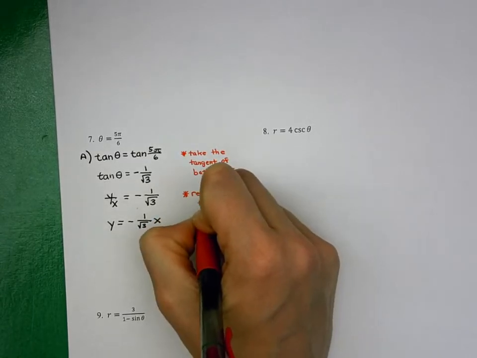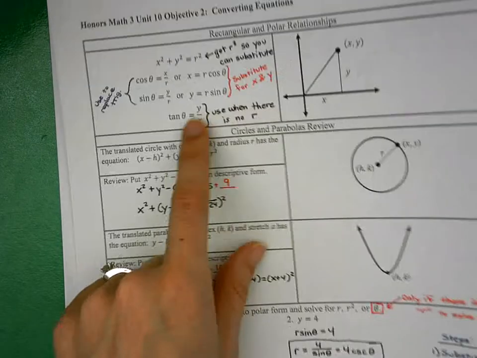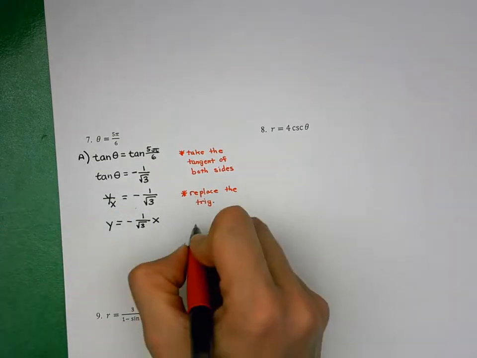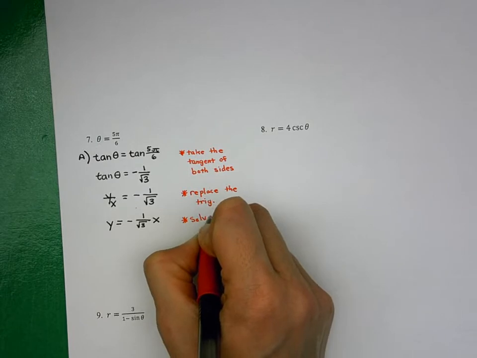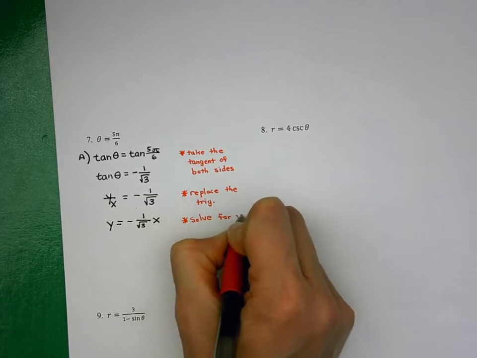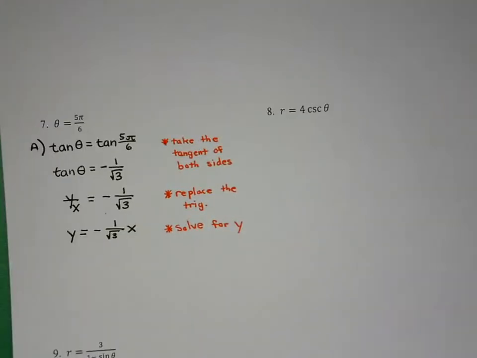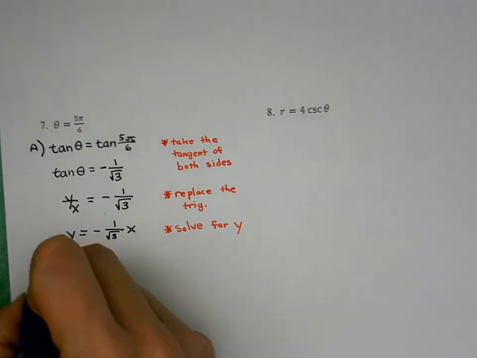In this case, it's tangent theta equals y over x. We're plugging y over x in. And then for these ones, we are going to solve for y, because that will allow us to graph. Okay? So again, when there is no r, when it's just in terms of theta, these, for the most part, are going to be your steps. Okay? And then B, graphing.